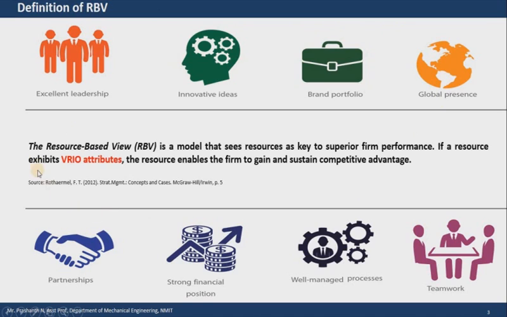So now let me look into the definition of resource-based view. It is defined as follows. The resource-based view, or RBV, is a model that sees resources as key to superior firm performance.